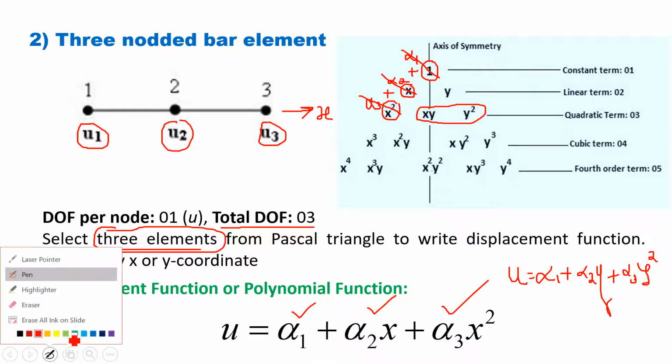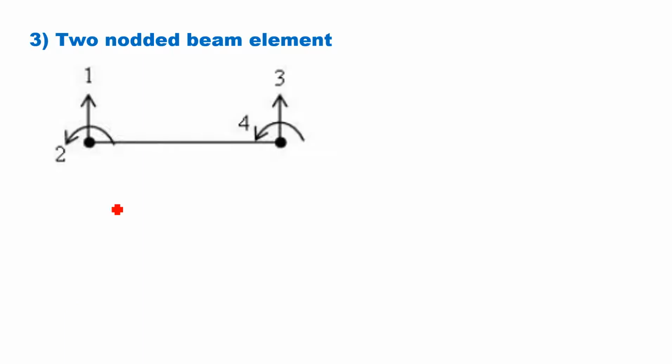The third element is the two noded beam element. So if we are using the beam element to discretize a continuous beam, two noded, assume this node is node number I and this node is node number J. We know that among the types of elements we had discussed, in the beam element at each node there are 2 degrees of freedom.